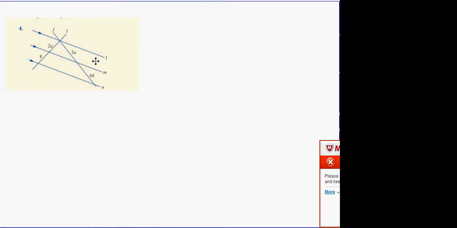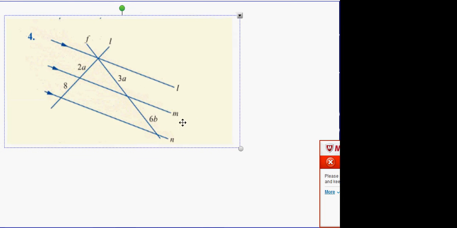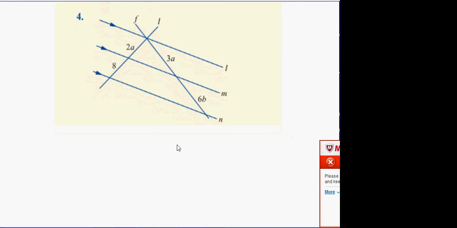Question 4. What question 4 is doing to us is this. The transversal F and the transversal T. And it says in the description of the questions that these are just equally distant from each other. Now, what I want us to do here is, we know that 2A is the same length as 8, yeah?